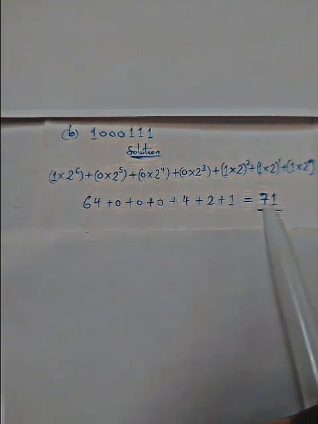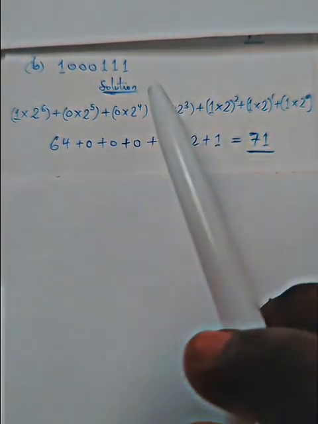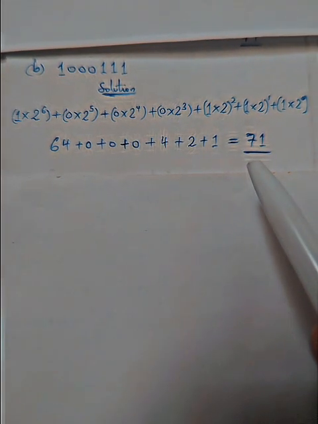Adding them gives 71. The decimal number for this binary number is 71.